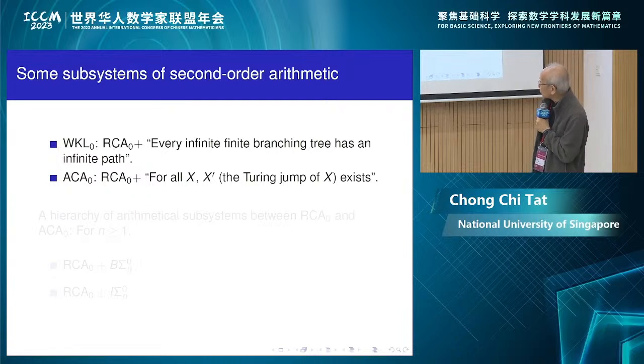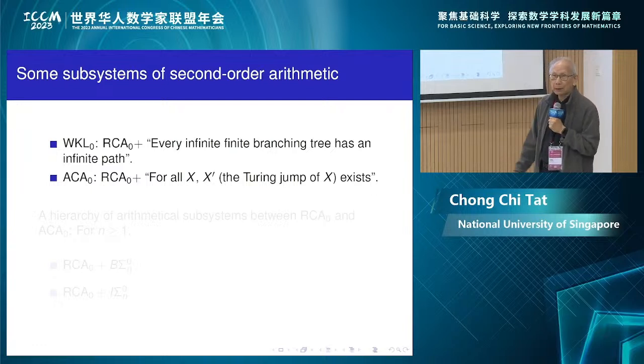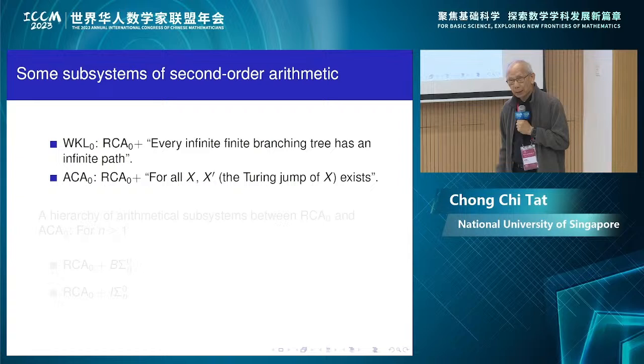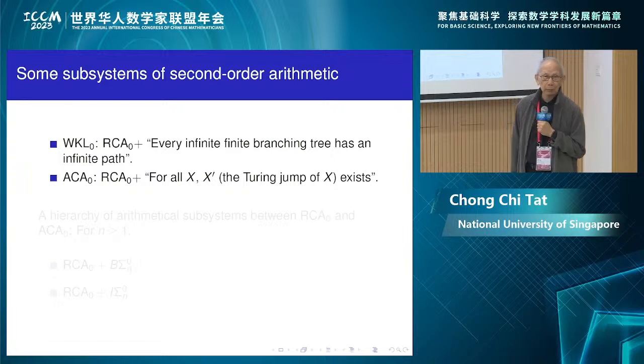And ACA0 says that any model of ACA0 must have the property that if capital X is a set of numbers in the model, then its jump, which we normally call the Turing jump, is also in the model.